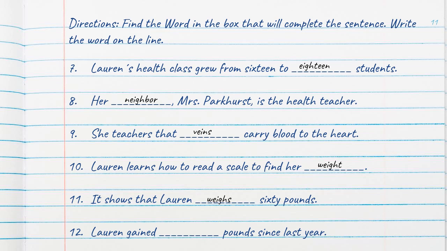She weighs 60 pounds. And number 12, Lauren gained pounds since last year. Gained 8 pounds since last year. Great job, guys. Remember, you can pause the video if you need more time to finish writing the answers.